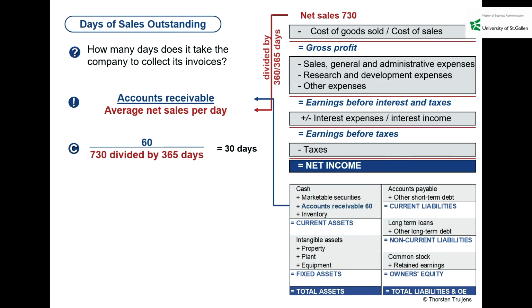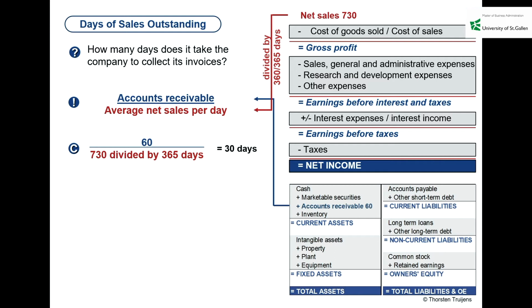If you sell for $730 in a year, I assume that the year has 360 or 365 days, depending where you live. Continental Europeans tend to assume 360 days for this calculation, whereas the rest of the world takes 365 days, which makes more sense. So let's assume 365 days.